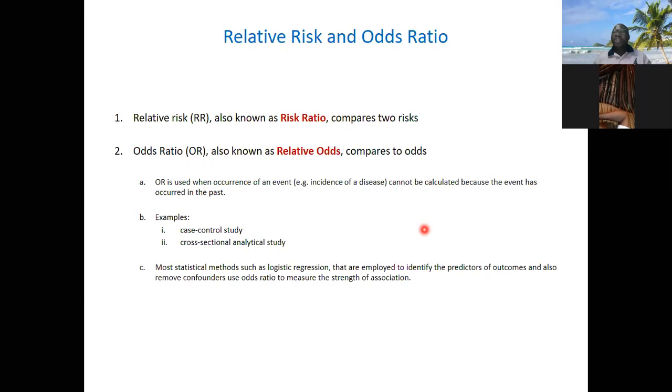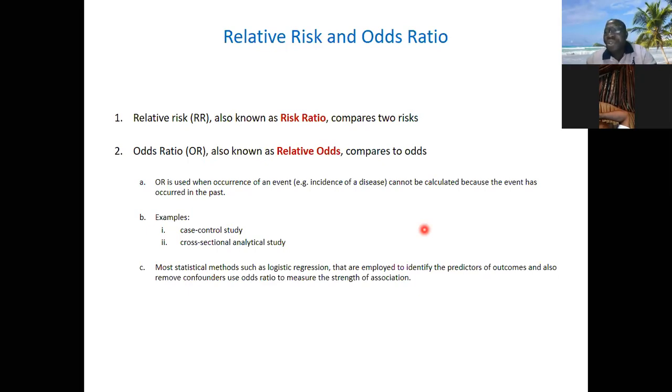That is the reason for the convention: since a ratio is about division, you put the risk among those exposed to the factor at the top and the risk among those not exposed at the bottom, to see if the one at the top is bigger. It will tell you how many times bigger. If you divide and get 2, it is 2 times bigger.